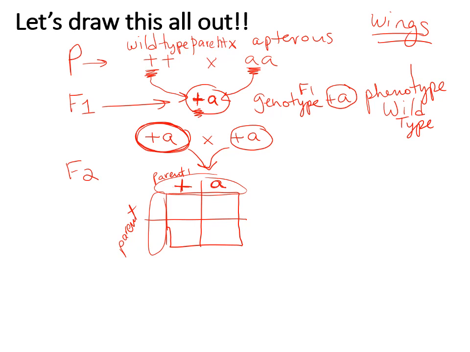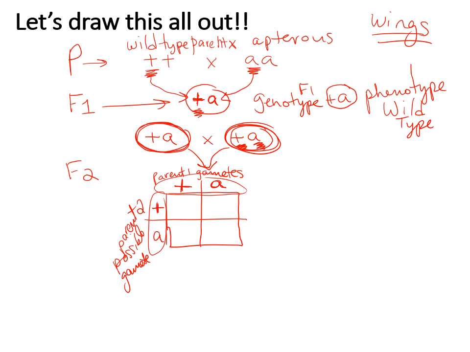So that's parent 1's possible gametes. This one over here will be parent 2's possible gametes. Now, what can our parent 2 give? Well, it can either give a plus symbol or an A, right? So a plus symbol or an A.